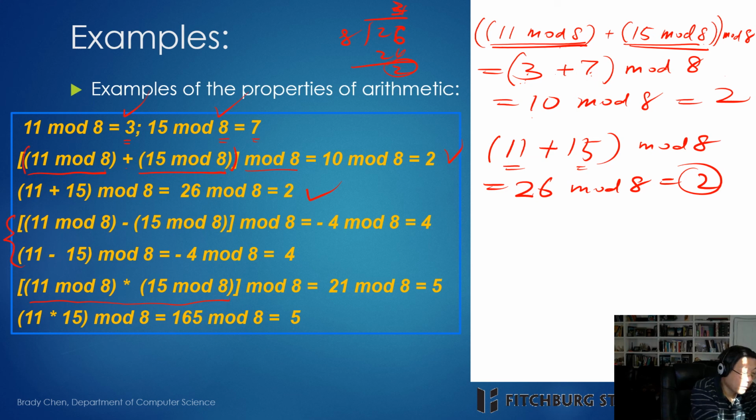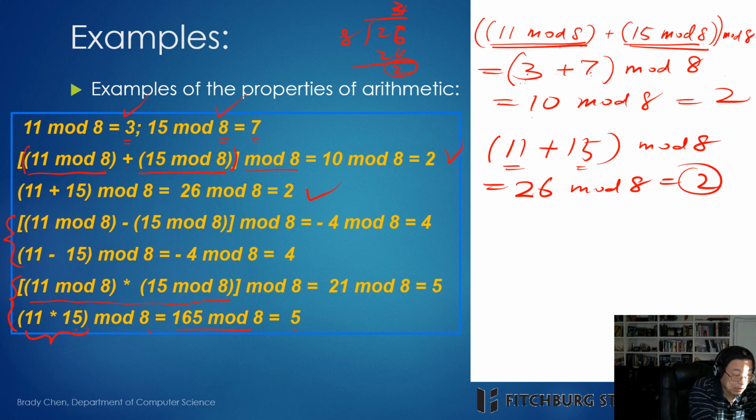This one is very important, because when we calculate 11 times 15 mod 8, we need to do the multiplication first, then get the result, and then mod 8.